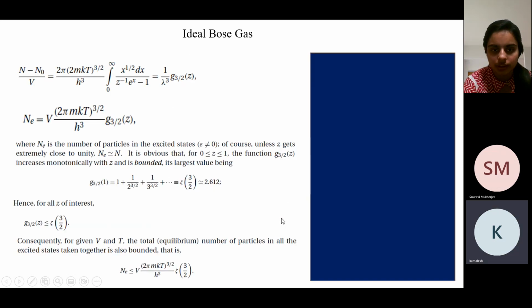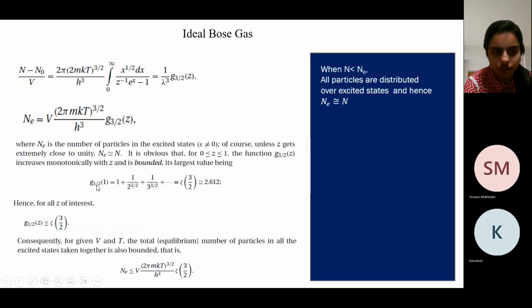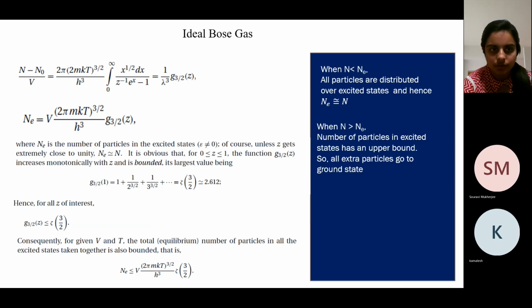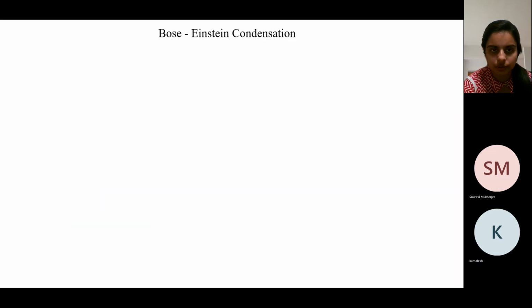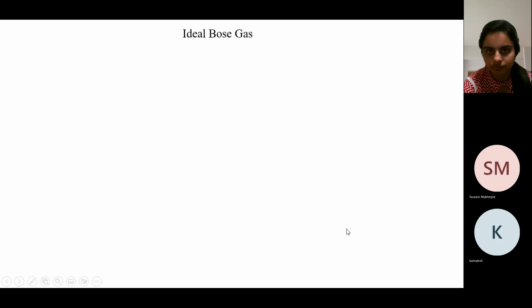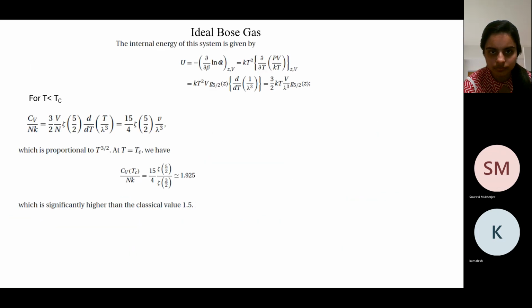So g 3 by 2 for z equal to 1 is called zeta 3 by 2. If you do the derivation, you'll see that this is how your TC goes.